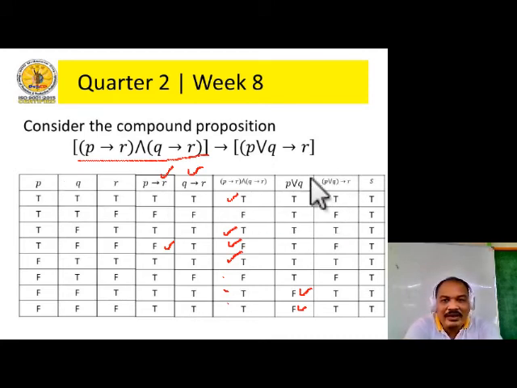Now, if we're going to have this as hypothesis, going to R, this one, okay, so true going to true will become true. True going to false, this will become false. True going to true will become true.